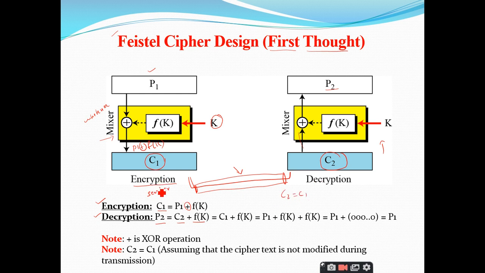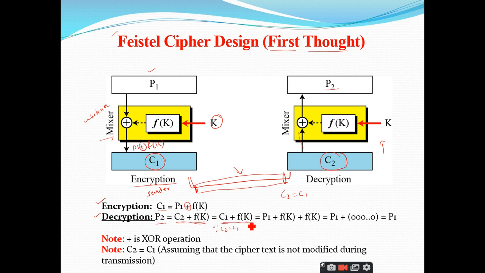Whatever C1 is generated at the sender side, the same has been received at the receiver side. Therefore C2 is equal to C1. So this entire C2 plus f of k can be converted to C1 plus f of k, since C2 is equal to C1.